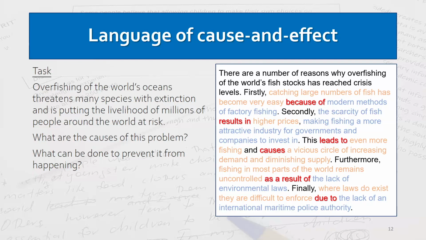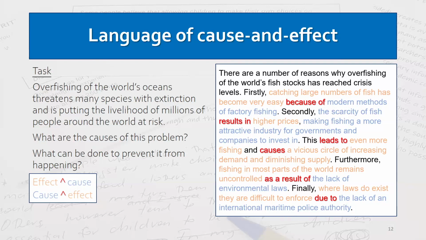So the writer is using linking words like because of, results in, leads to, causes, as a result of, and due to, in order to link the cause and the effect together. It doesn't matter whether the effect or the cause appears first.